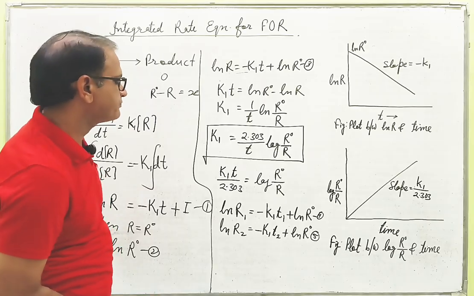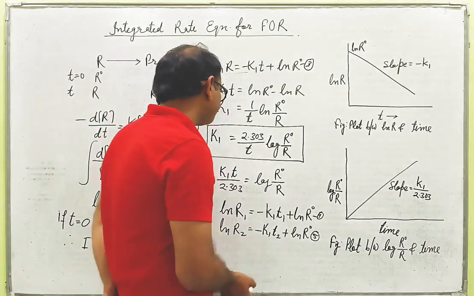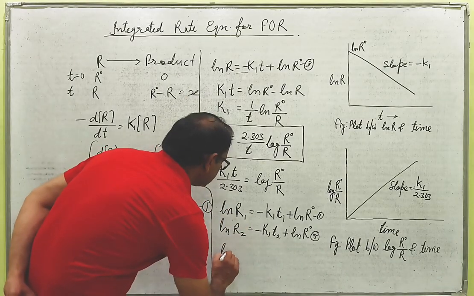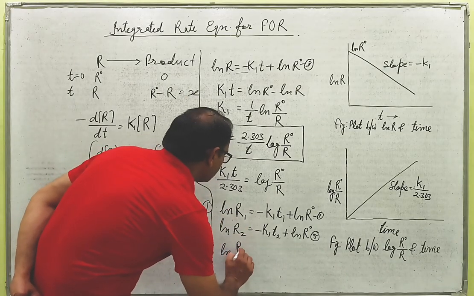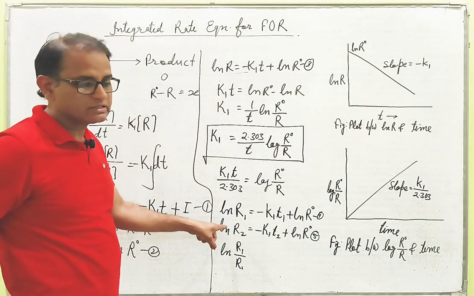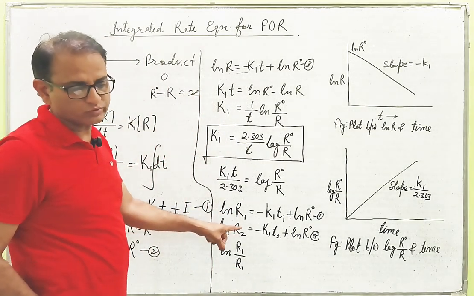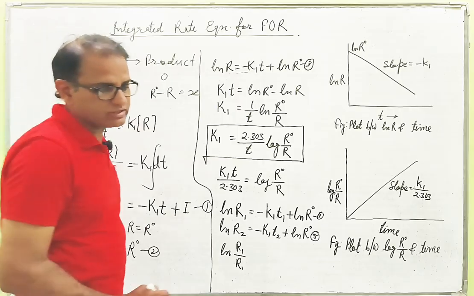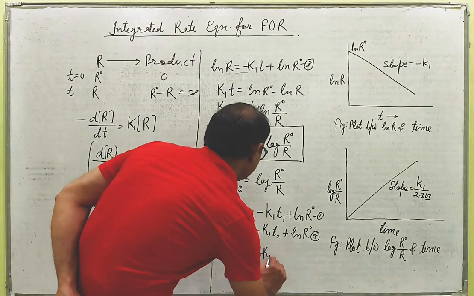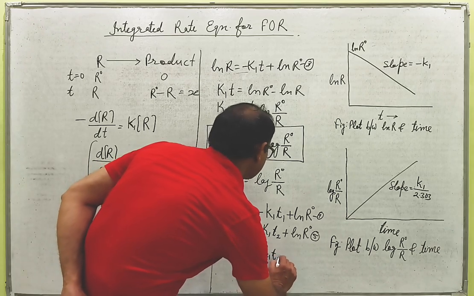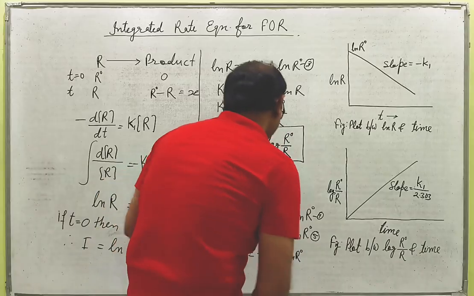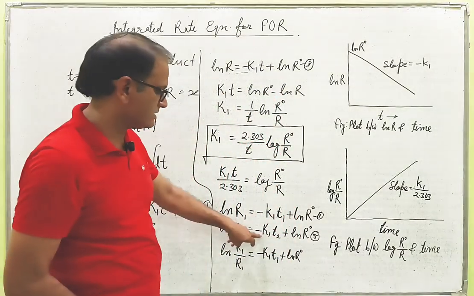We will get k1, we may take common, and this will become log natural R1 upon R2. Because ln R1 minus ln R2 will be equal to minus k1 T1 plus log natural R0, and then minus this one.